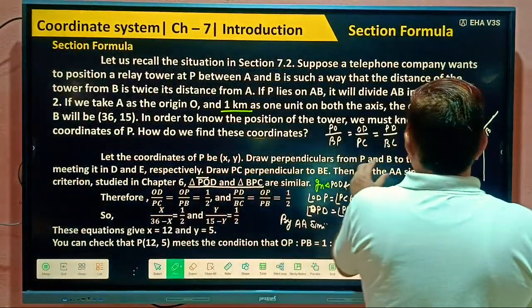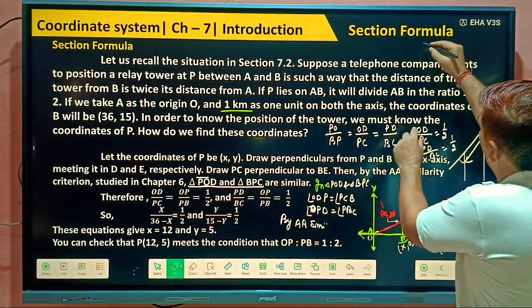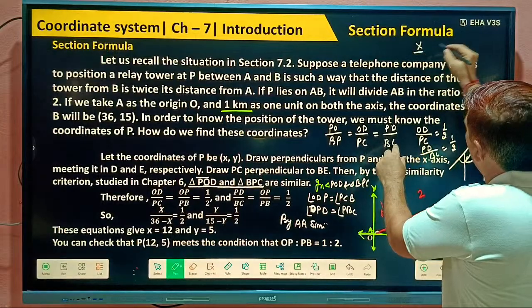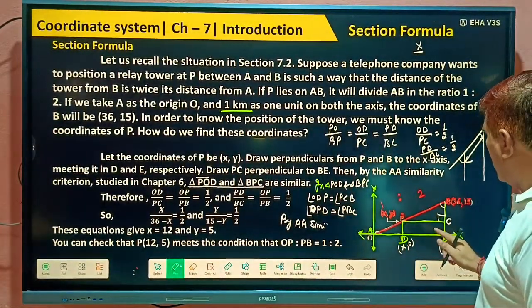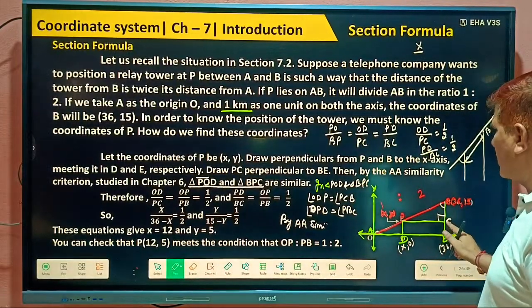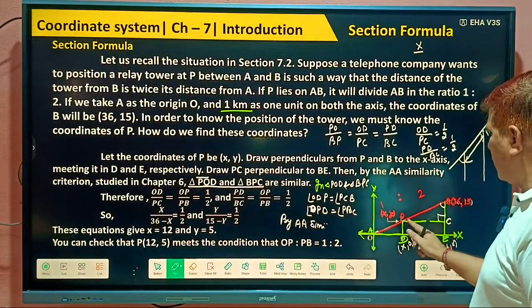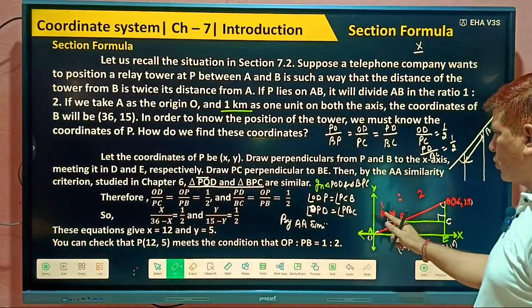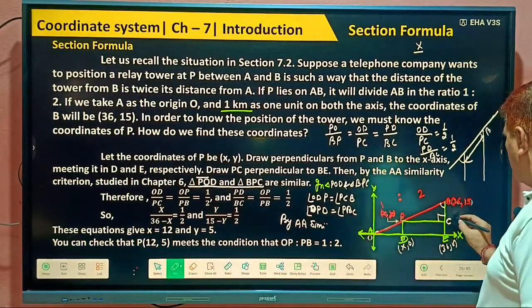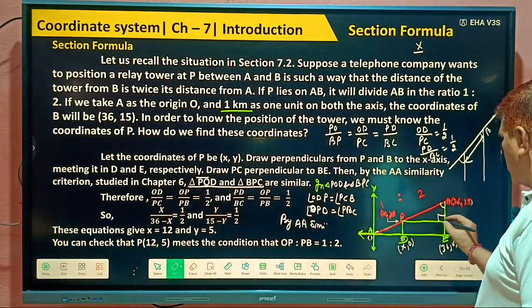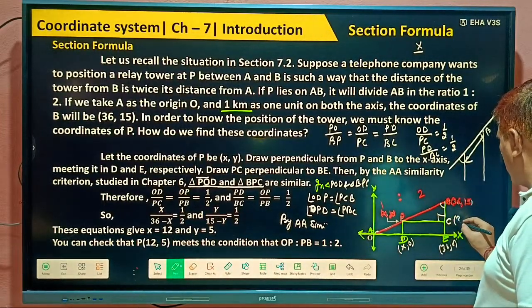What can we write for this? We can write x by PC. So point P is this, whose coordinates are x and y. And what's the coordinate of C? Its x distance is the same, 36.